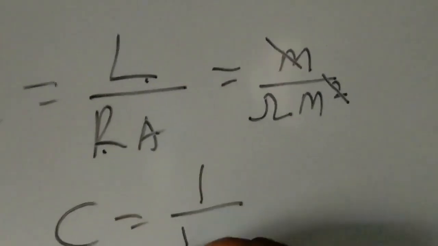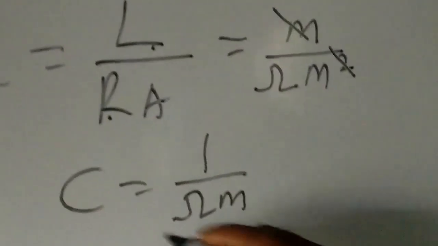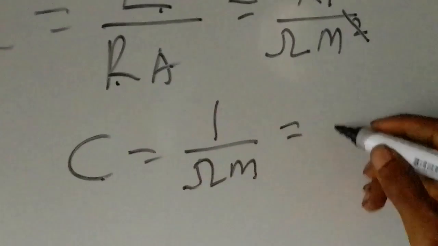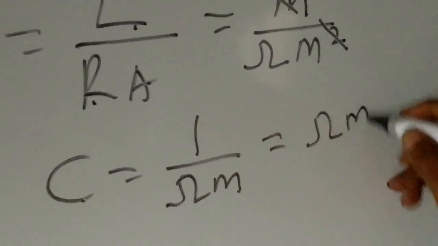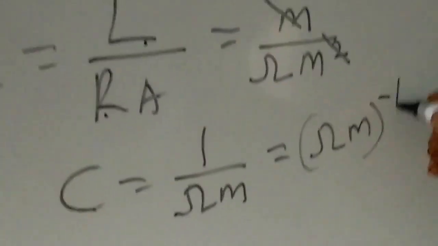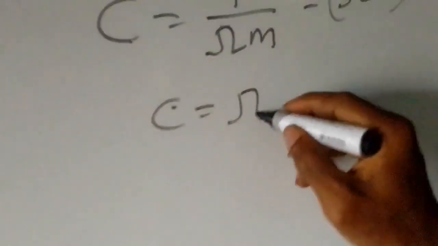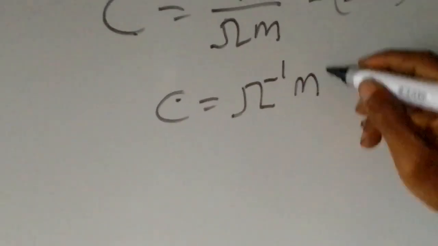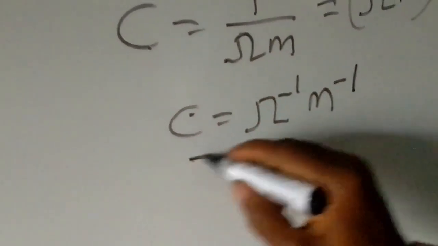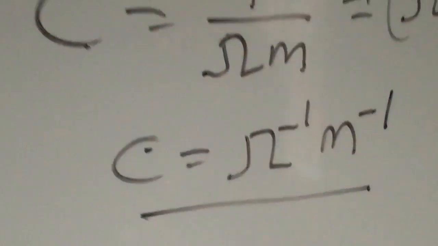We're now left with 1 over ohm meter. So the SI unit of conductivity becomes ohm meter raised to the power minus 1. Or we can write it in this form: ohm raised to the power minus 1 meter raised to the power minus 1. So this is the SI unit of conductivity derived from resistivity.